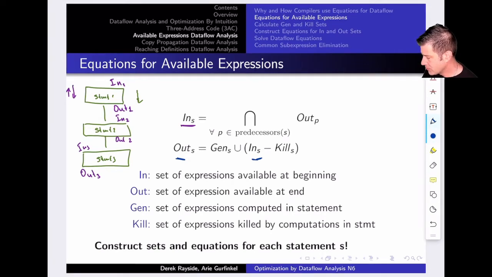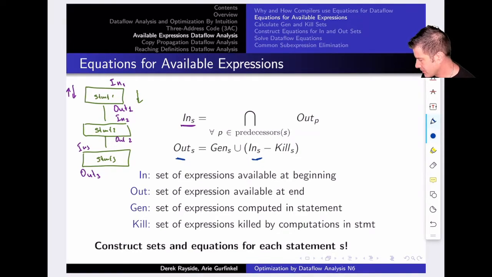And then the equations always look in this way. In order to understand them, it is good to have a mental picture of what the program looks like. This is the picture on the left. Each green box represents a statement, and each purple thing represents a quantity that we have in our equations. So for every statement, there is an in variable corresponding to it.